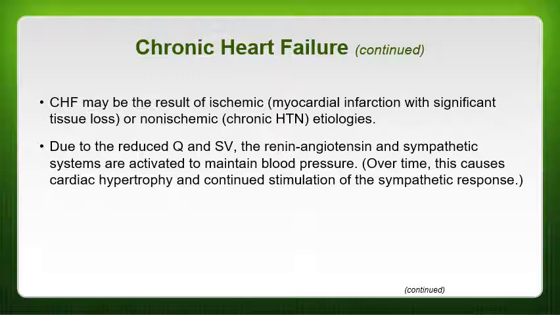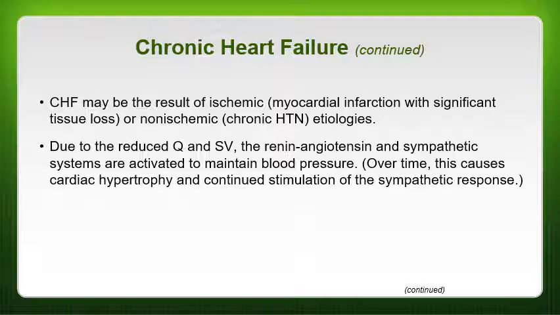Due to the reduced cardiac output and stroke volume, in order to maintain blood pressure, the renin-angiotensin and sympathetic systems are activated. Because you're having reduced cardiac output and decreased stroke volume, your body tries to maintain its blood pressure by causing vasoconstriction in the blood vessels.